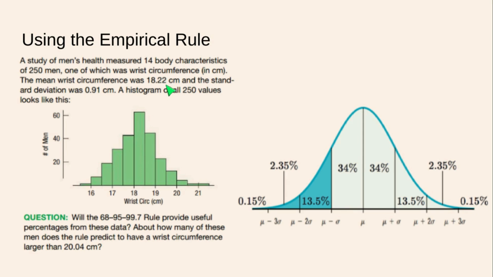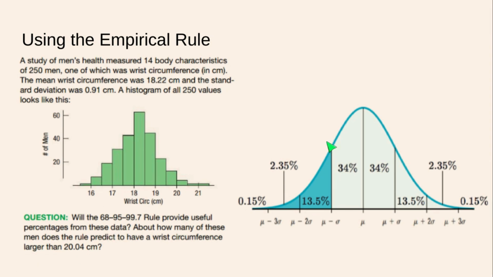Now, how do I know that? Well, a standard deviation is 0.91 centimeters. If I were to double this and add it on to 18.22, I would get 20.04. So 20.04 is 2 standard deviations above.